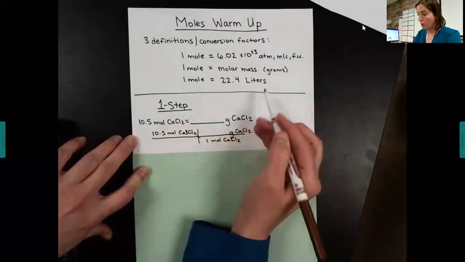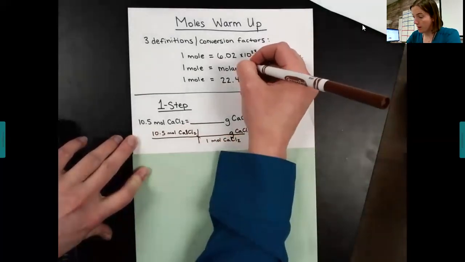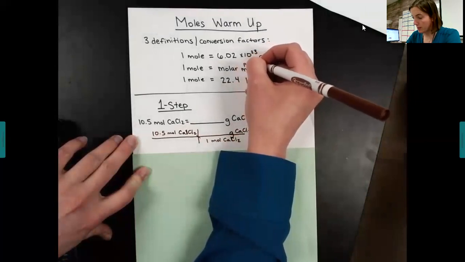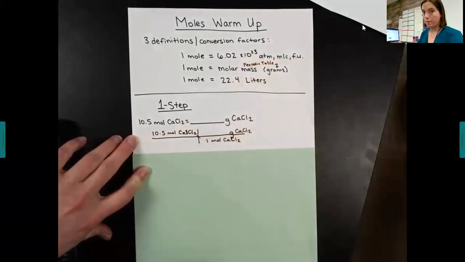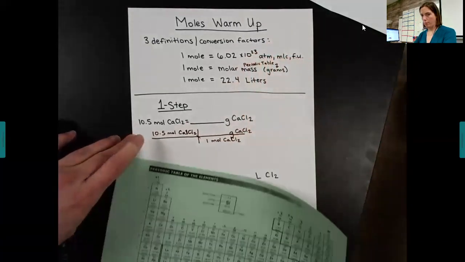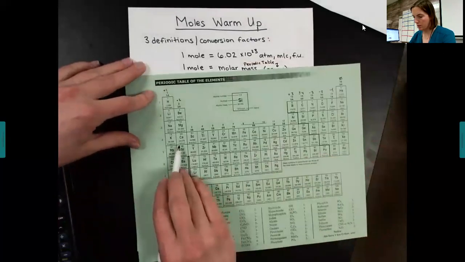Okay, remember grams, molar mass, from the periodic table. So here's my periodic table. I'm going to find calcium, which is 40.078.